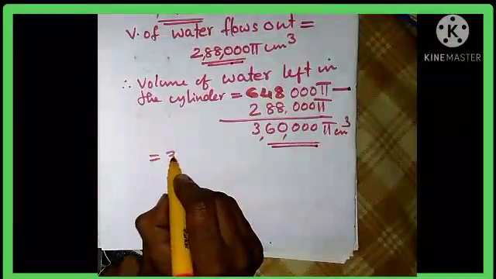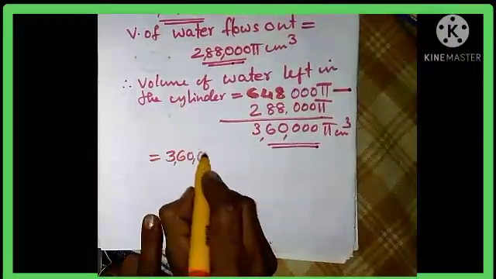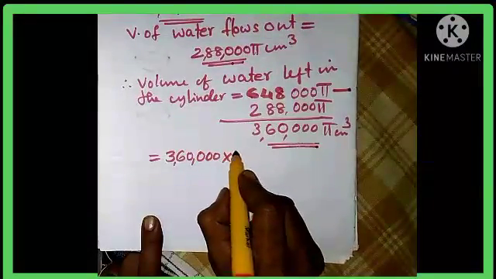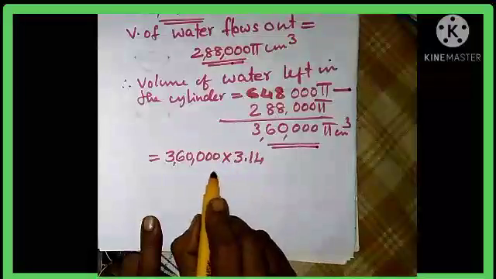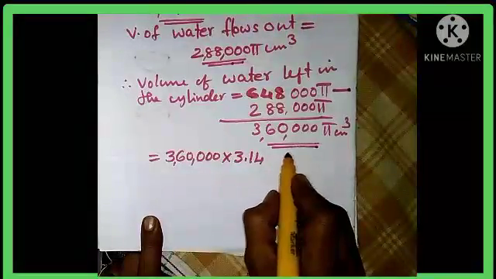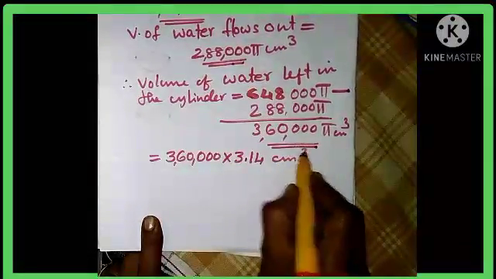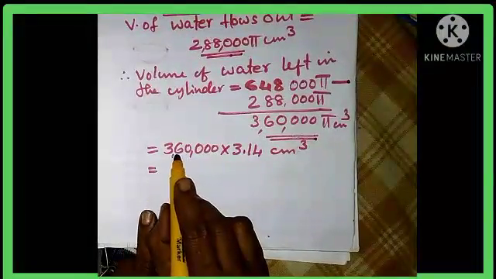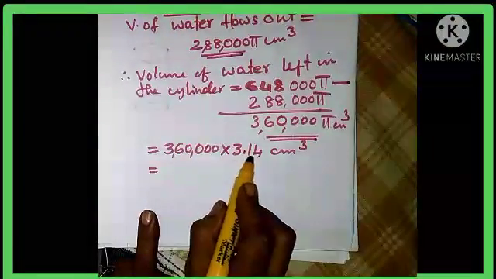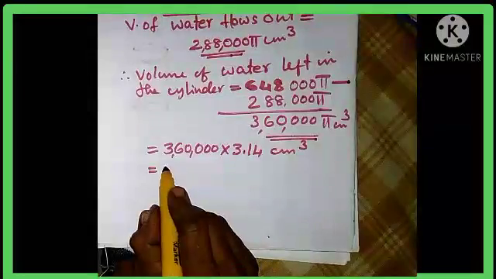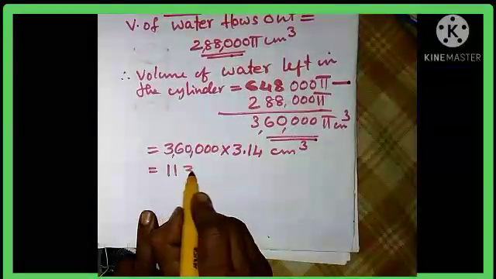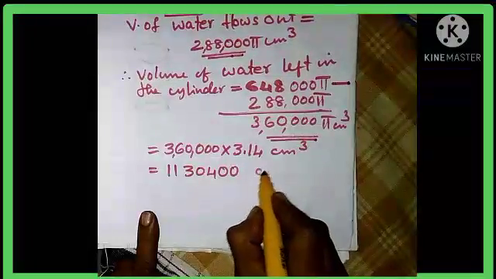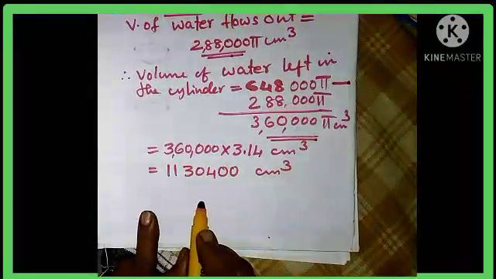3,60,000 into the value of pi, we can substitute 3.14, or otherwise you can substitute 22/7. So it is this much centimeter cube.